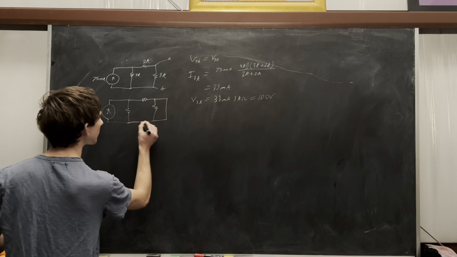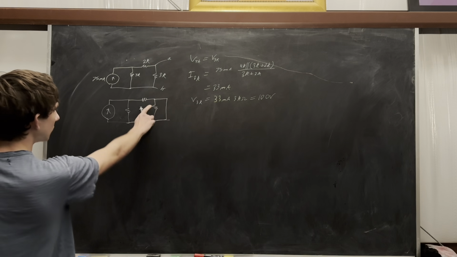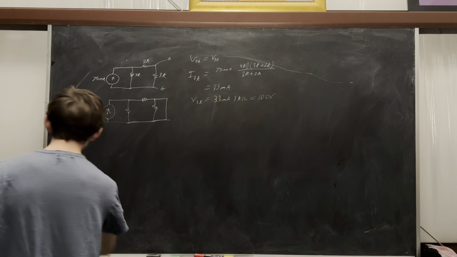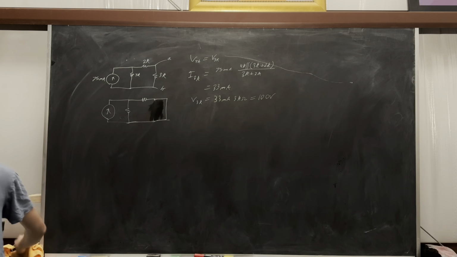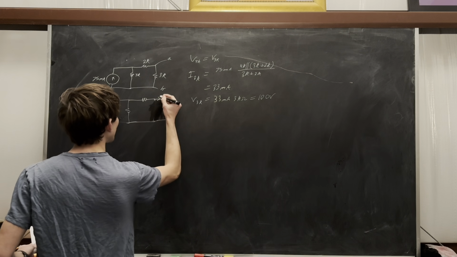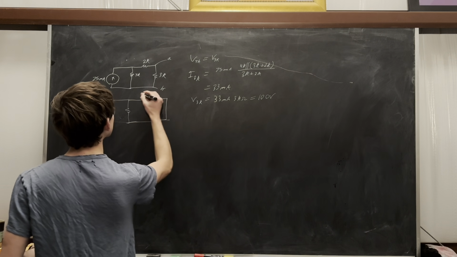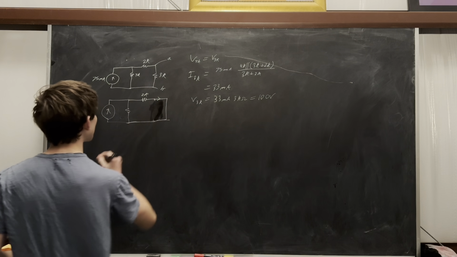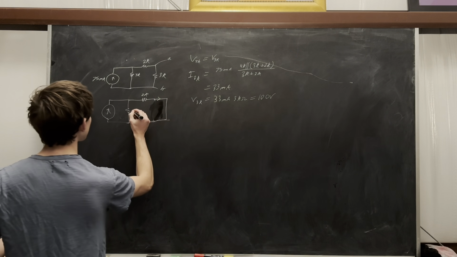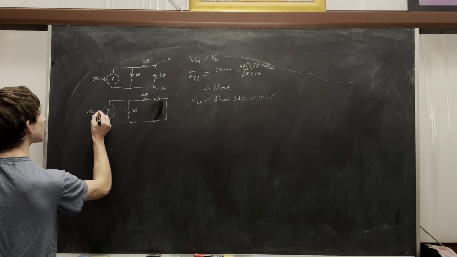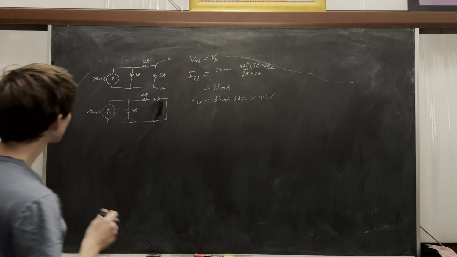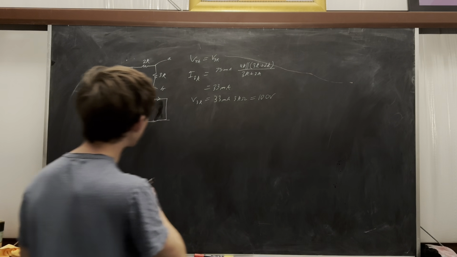Short out this resistor, so he just goes away. You want to find the current here. So that's just the current through the 2 kilo ohm resistor. It's just going to be another current divider.